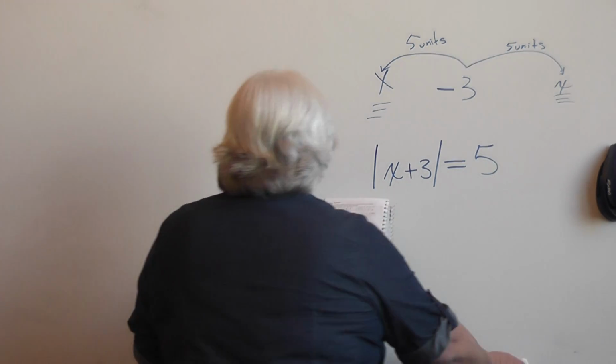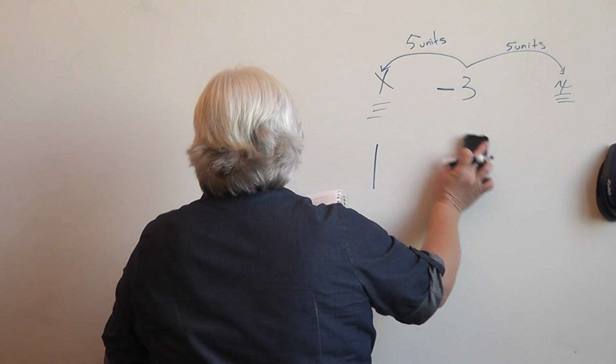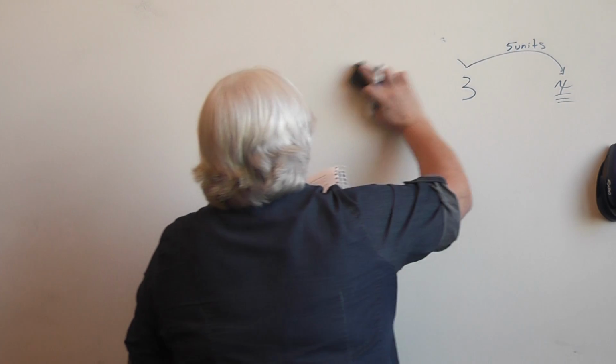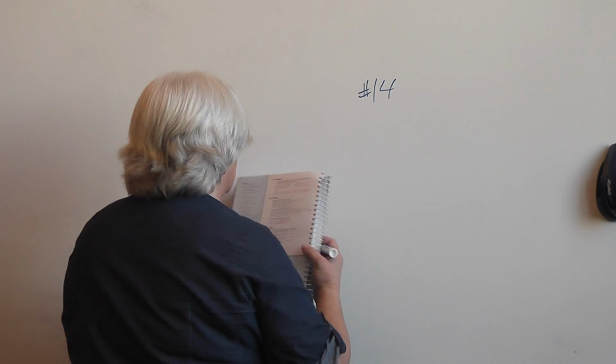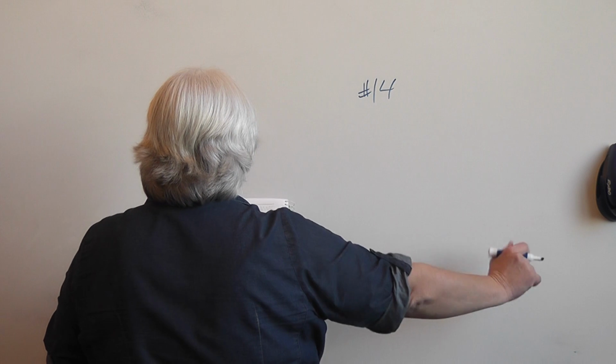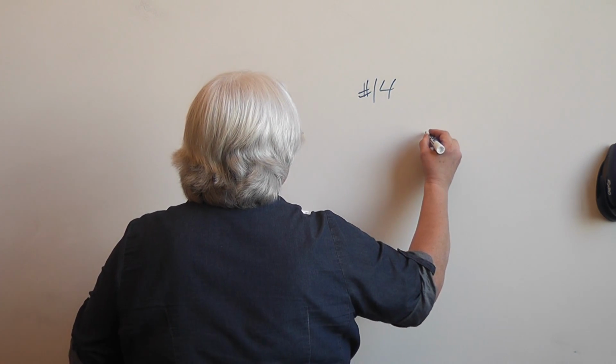Well, that's the end of the examples. Let's do number 14. This says a certain number is 4 units from 9.